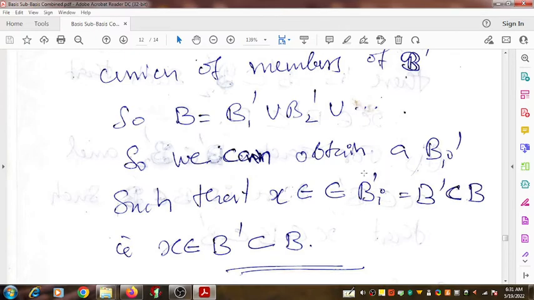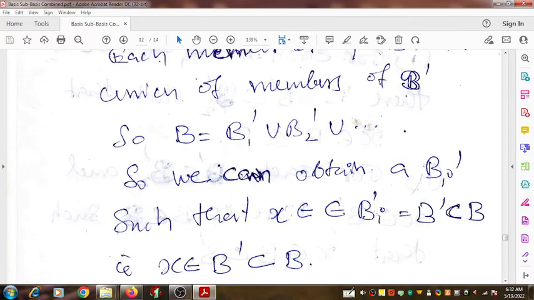But for convenience, in our forthcoming steps, we rename this Bi prime as B prime. Whichever member we choose as Bi prime, we will call it B prime. This is just a renaming. So X is an element of B prime, and that B prime is a subset of B, because this particular element is present here.